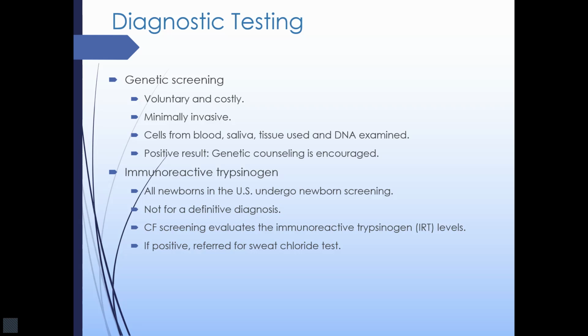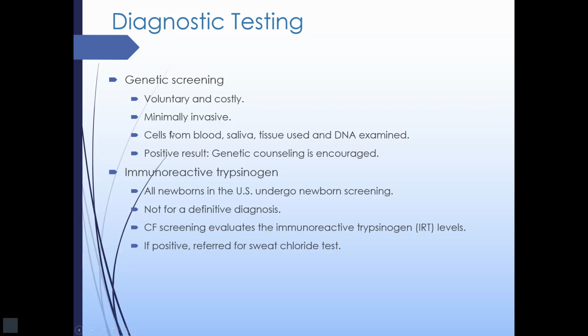So newborn screening is not a definitive diagnosis for cystic fibrosis. However, if they are positive for that CF screening, then they can move on to the next step. And if they are diagnosed with cystic fibrosis, then treatment can start earlier. Genetic screening can occur. It's voluntary and costly because it's not necessary.